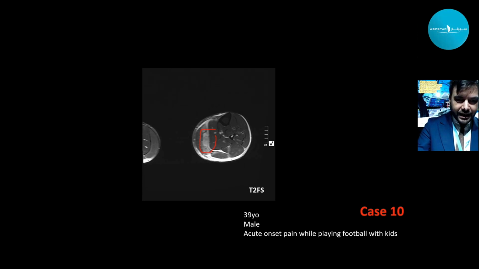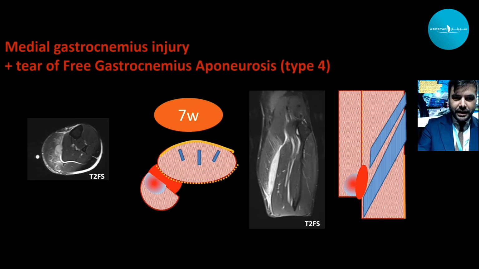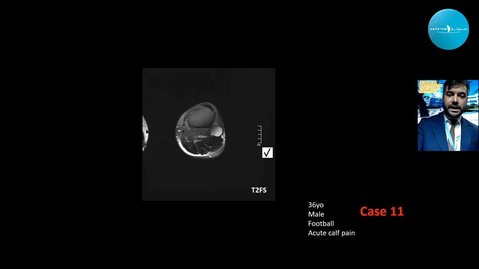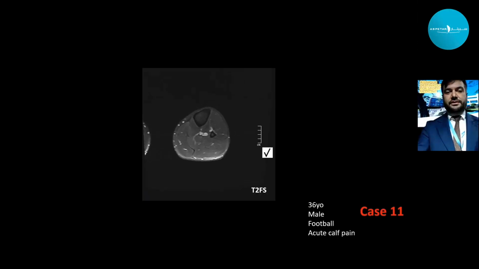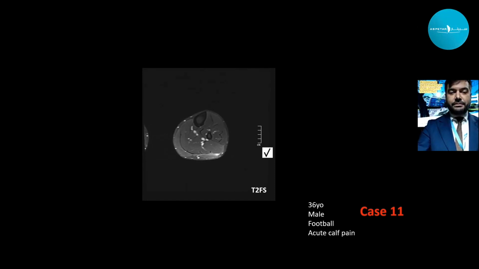There is here the gastrocnemius aponeurosis injury plus free gastrocnemius aponeurosis injury. This lesion will have a very long return to play, approximately 7 weeks. It's a type 4.